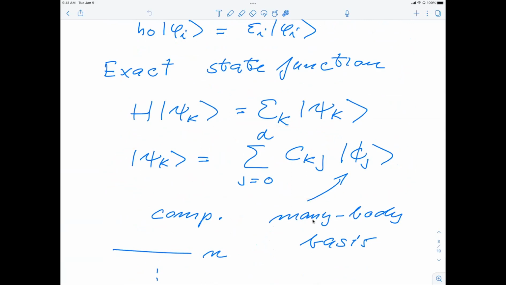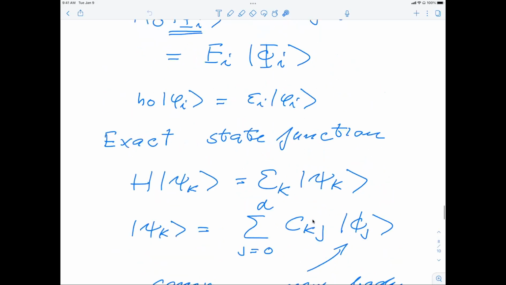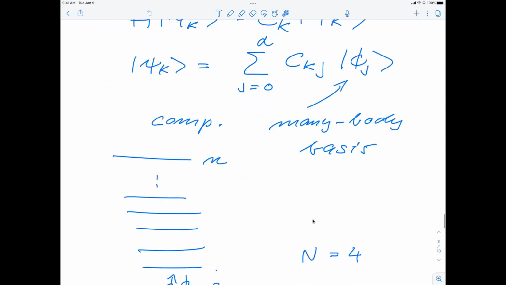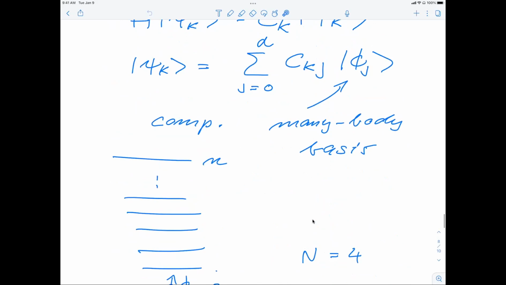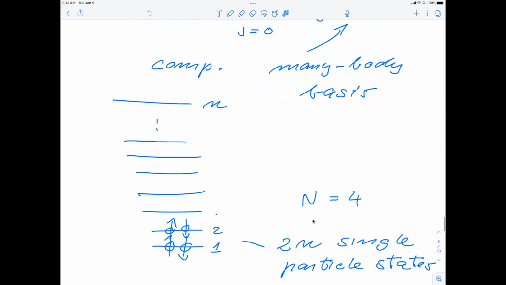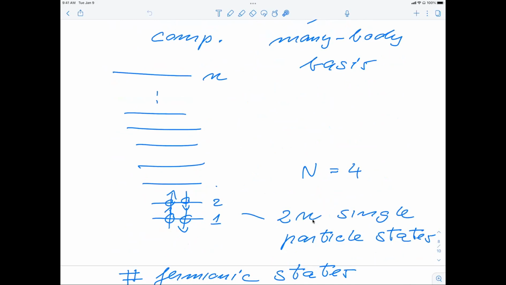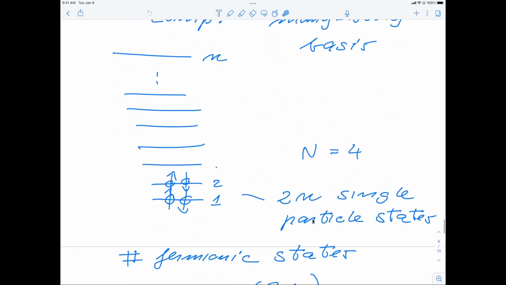And normally, if you have a large single particle basis, as we discussed, this can lead to many possible ways to reorganize the particles. So if you're dealing with fermions, which we're going to start with today, for fermions, the way you can place a given number of fermions in a set of single particle states, like in this case, we actually have n single particle states, and they have a double degeneracy.